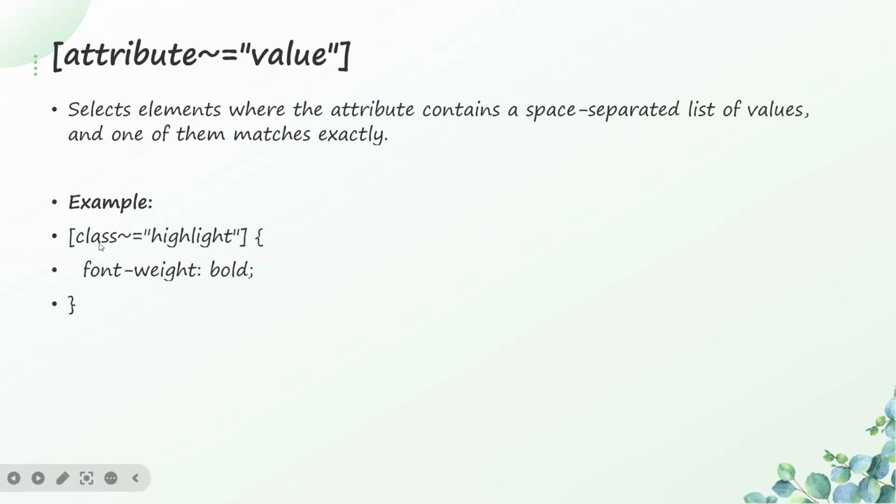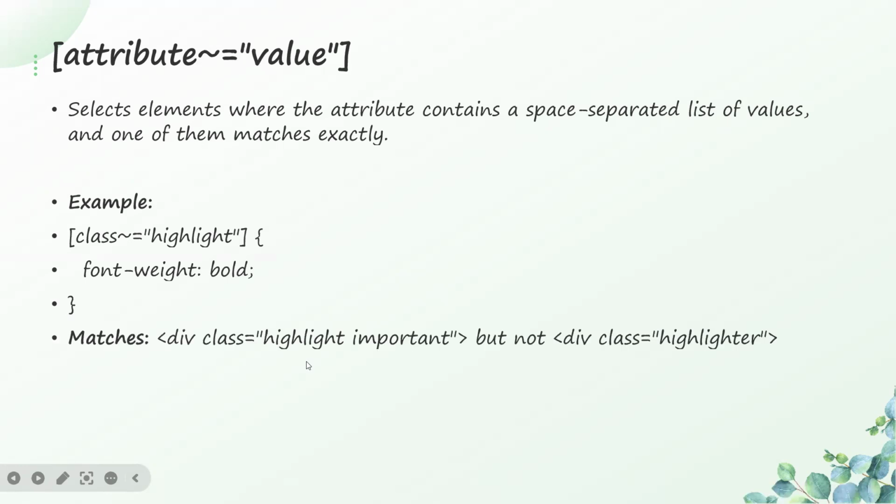We are targeting an element that has the class attribute with this tilde sign equal to highlight. So look at what is going to match. You can see that this div has two classes, highlight and important.